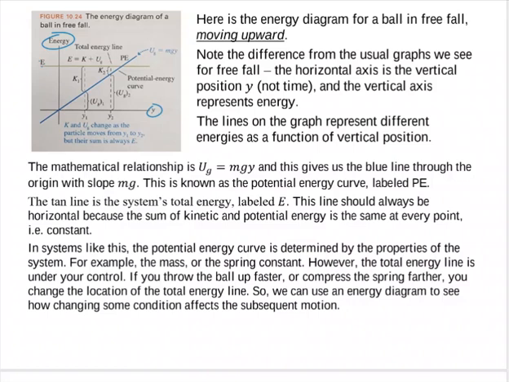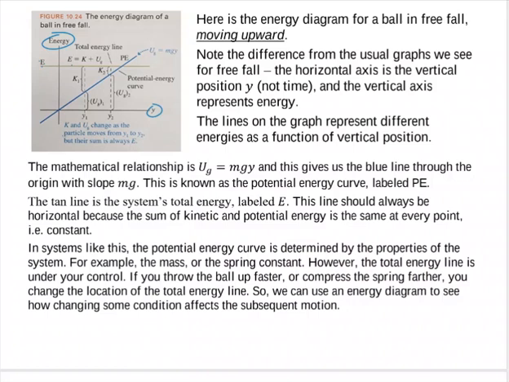Now, as the ball falls, we're picking up kinetic energy and we're losing potential energy. So the potential energy plus the kinetic energy should add to the total energy line that we have. So kinetic energy here is increasing, and the potential energy would be decreasing as the ball falls.